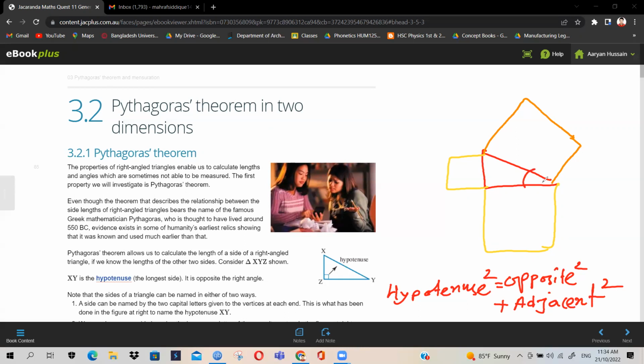It will be known from the particular angle given. If we consider this to be our theta, then this will be our adjacent side and this will be our opposite side. We have discussed them previously, in trigonometry and the Pythagorean theorem as well.